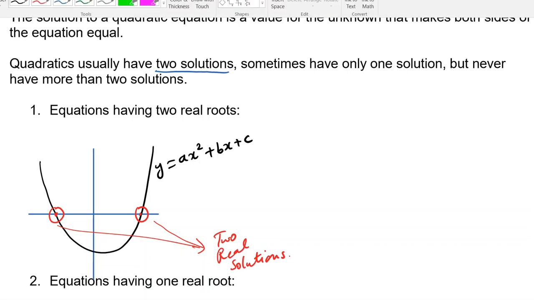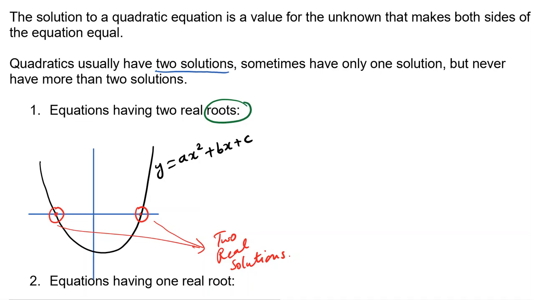We also call solutions and roots the same thing. It means the value of x when y is 0. And in this case, we see that our parabola is intersecting the x-axis at two points.